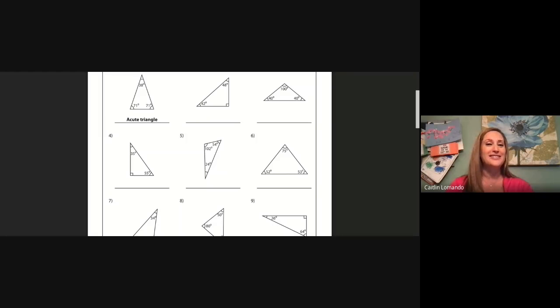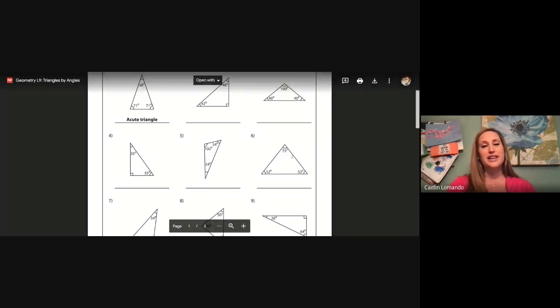That's a big angle. What kind of triangle is this? Acute, right, or obtuse? Let's pause and discuss. If you guessed obtuse, you're right. 102 degrees makes it have one obtuse angle, which makes it an obtuse triangle.